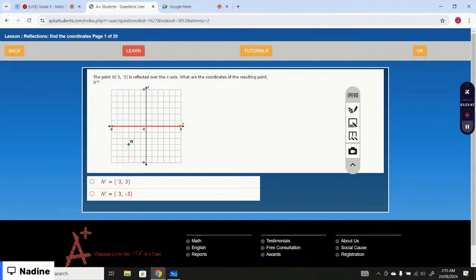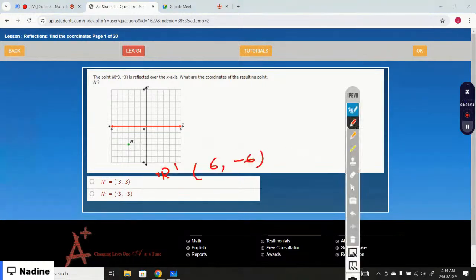So that would be the same distance on the other side. You have 1, 2, 3, and 1, 2, 3.